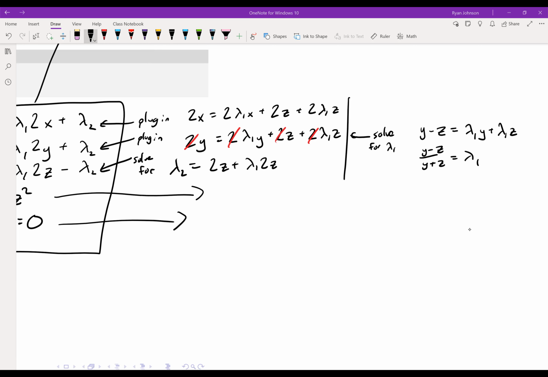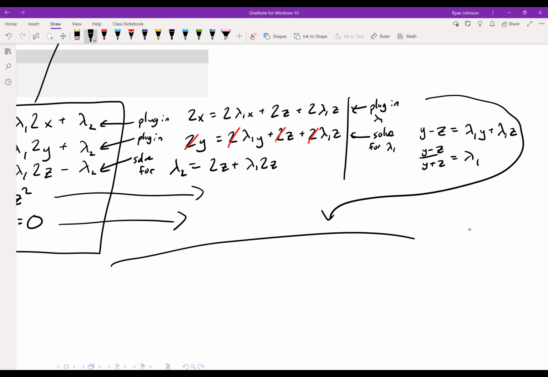Well, that means that I can now plug in lambda 1 there, and then I have no more lambda 1. So plugging that in here, I'm just going to put it down here.